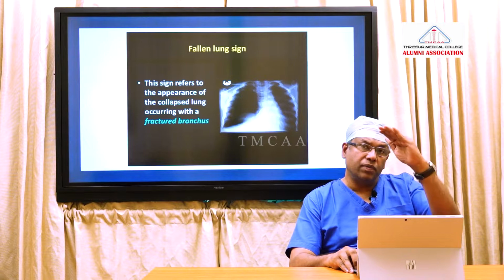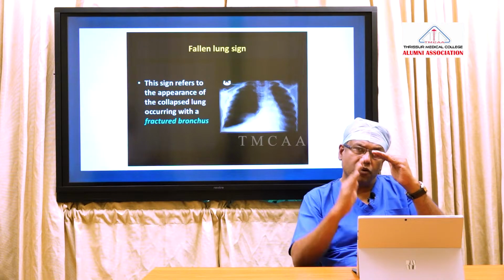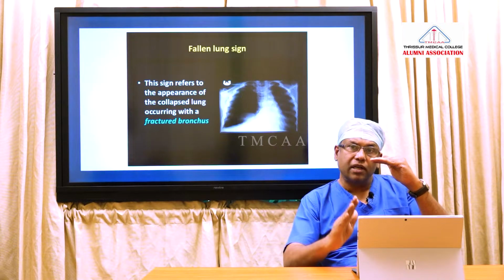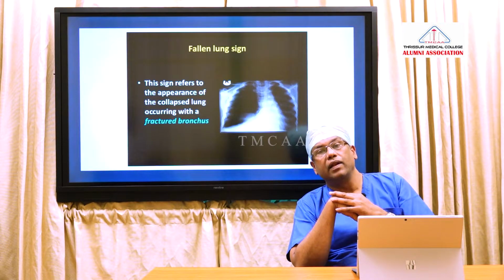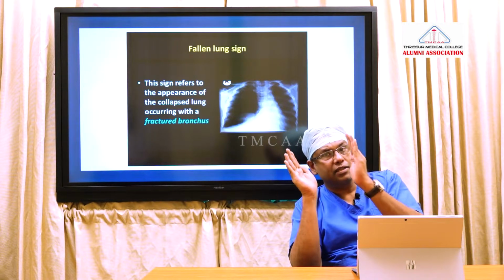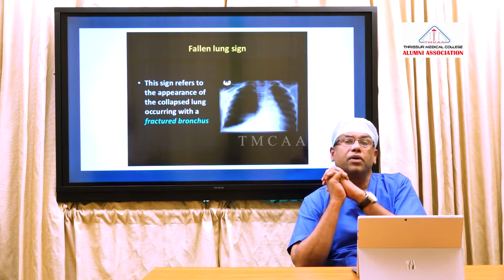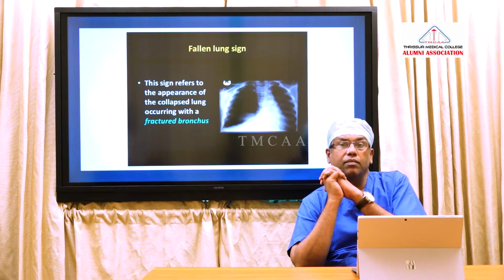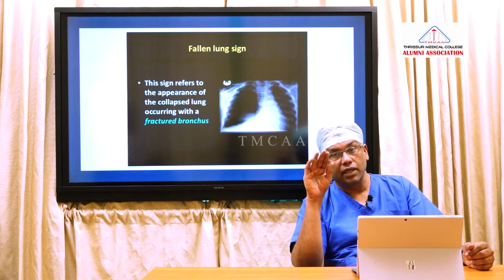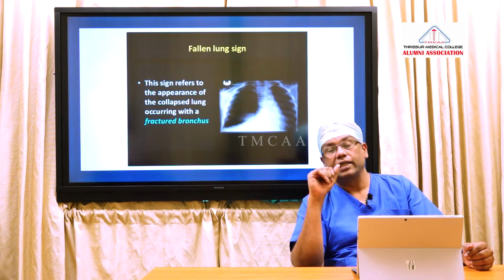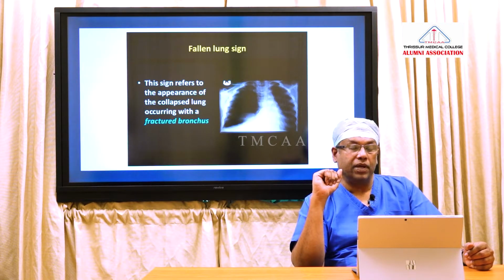That is because when the bronchus is injured, it falls down and the whole collapsed lung will appear at a lower level than expected in a tension pneumothorax. Right? Tension pneumothorax, you will get it adherent to the bronchus, very close or higher up. But in case of a tension pneumothorax produced by a bronchial injury, the lung is falling down and that will cause a fallen lung appearance.